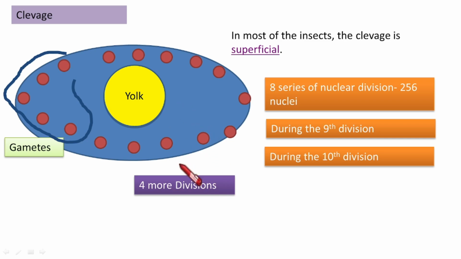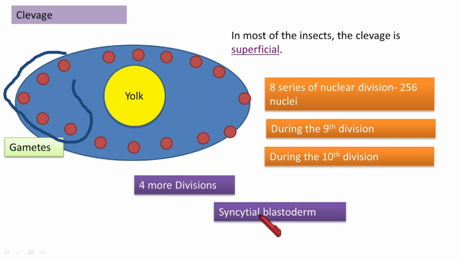As it finishes these divisions, we can call this embryo a syncytial blastoderm. We know what the syncytial condition is: a cell with multiple nuclei and without an individual cell membrane for each nucleus. So the syncytial condition is simply a multinucleated condition.